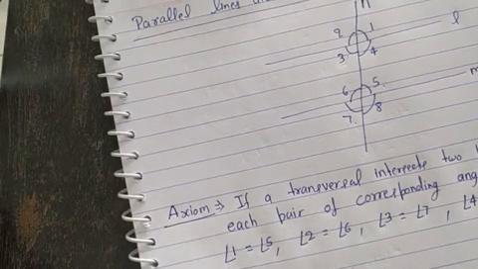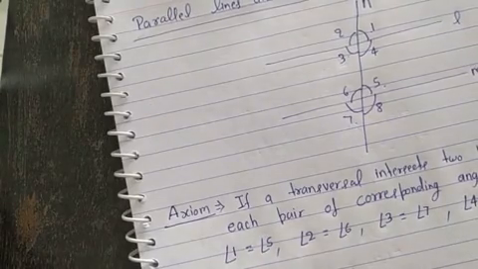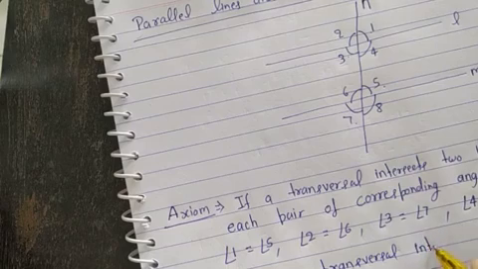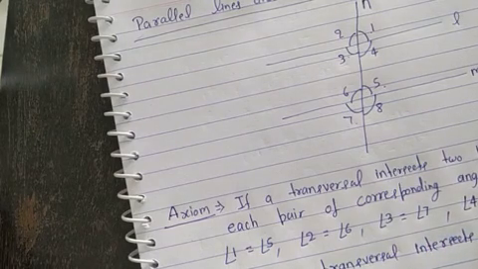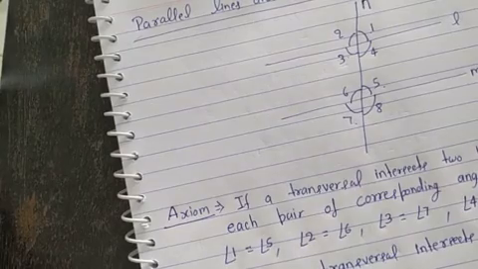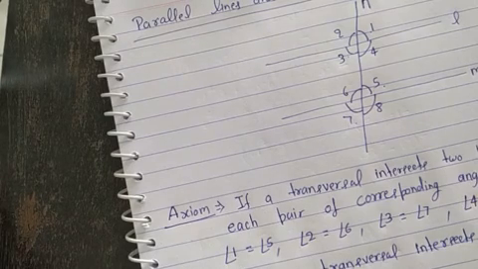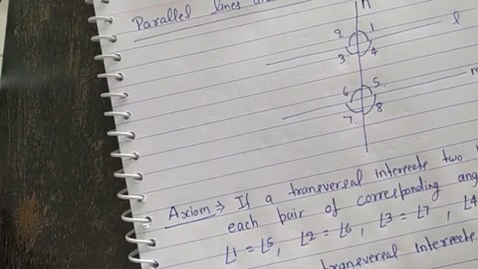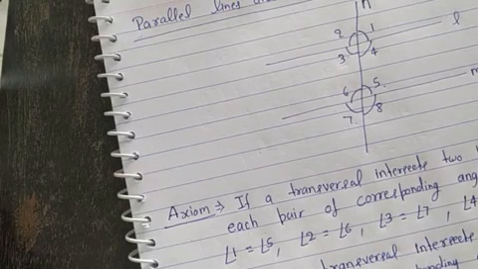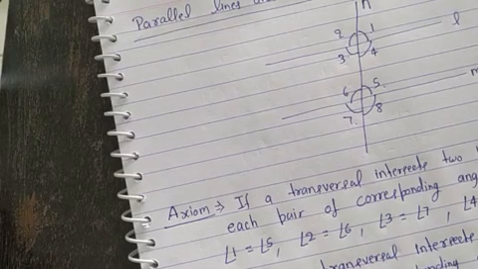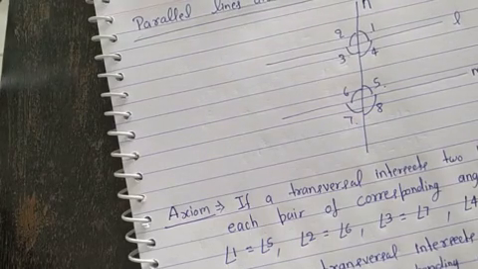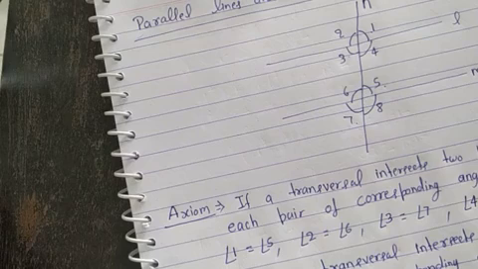The next axiom is, if a transversal intersects two lines such that a pair of corresponding angles is equal, then the two lines are parallel to each other.